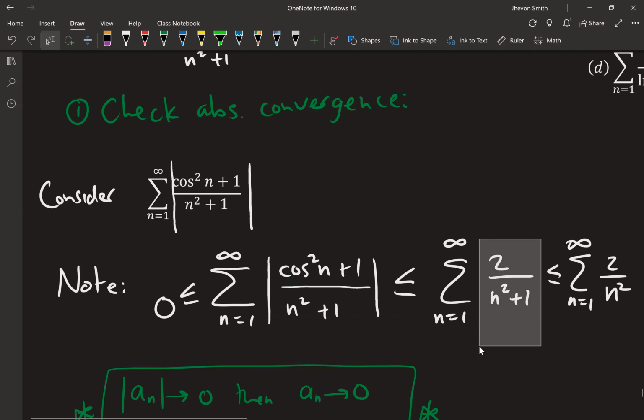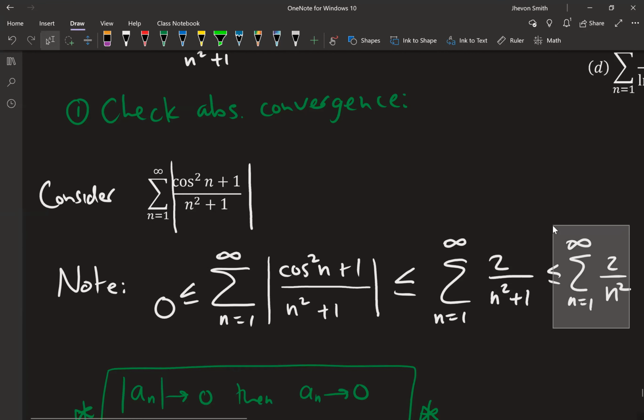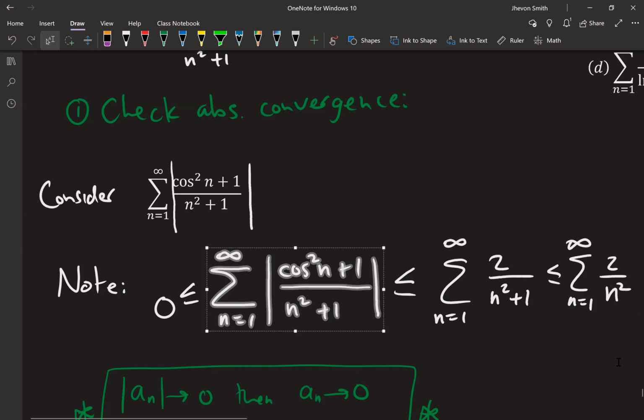Now that is already a lot nicer to look at than the cosine squared plus 1 over n squared plus 1. I can make it even nicer by making the denominator smaller to get the series of 2 over n squared. So now I have this series is less than or equal to that series, and they're both greater than or equal to 0.